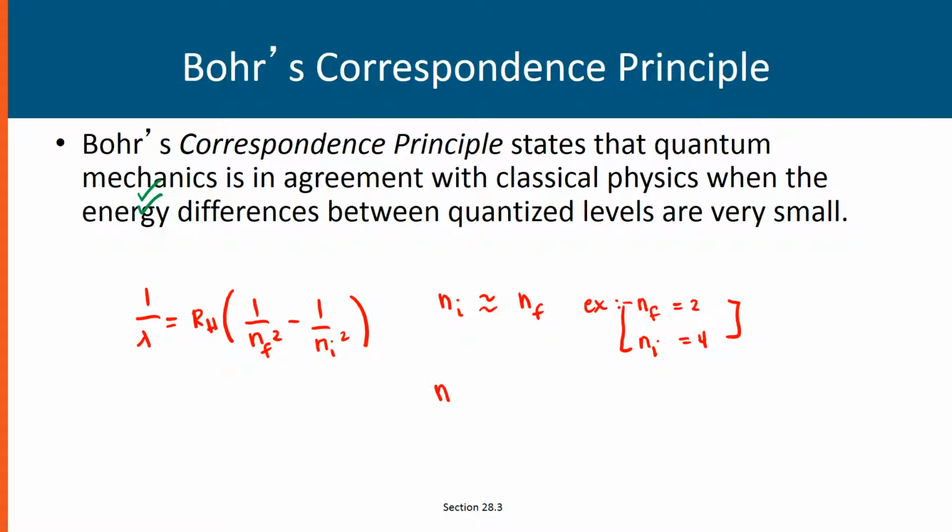However, when your initial energy level is very, very big compared to your final energy level, the Rydberg's equation may not be able to accurately predict the wavelength of the photon that the electron is going to emit, and therefore quantum physics is no longer in agreement with classical physics.